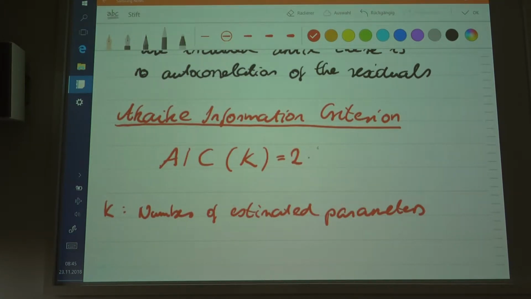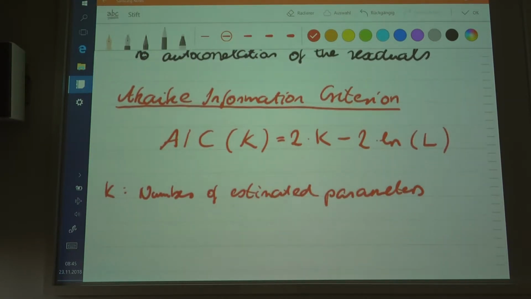So on the first side you have 2 times K, where the larger K gets, the better. And minus then you have 2 times the log likelihood function, where L is the value of the likelihood function.